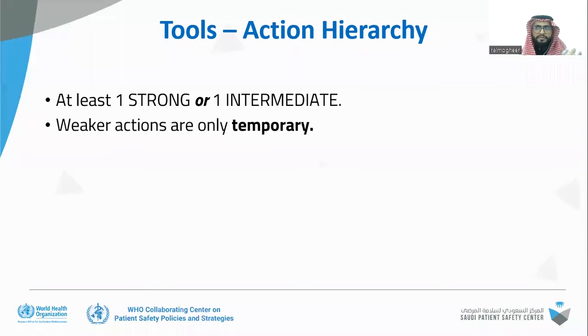Weaker actions such as training and policy changes are usually or sometimes necessary to establish proficiency and expectations. But they should not be used alone to implement corrective actions for a certain RCA process.